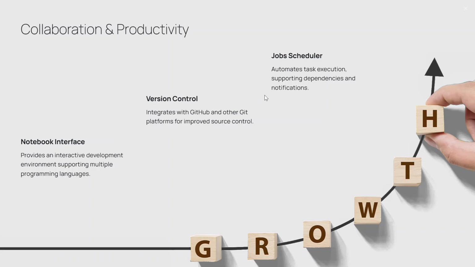As we need to work collaboratively, we need a version control repo. Ideally we can integrate a GitHub repo, GitLab, any repo you are comfortable with, or even an Azure repo, and it provides better source control.